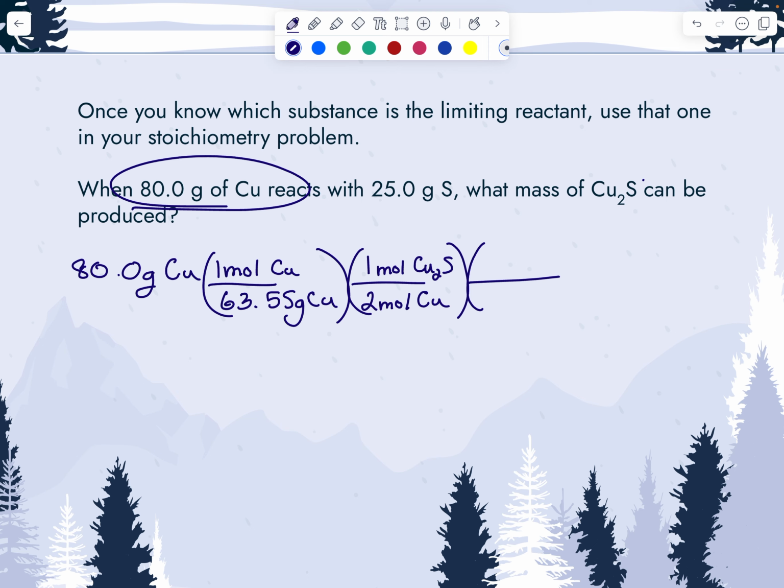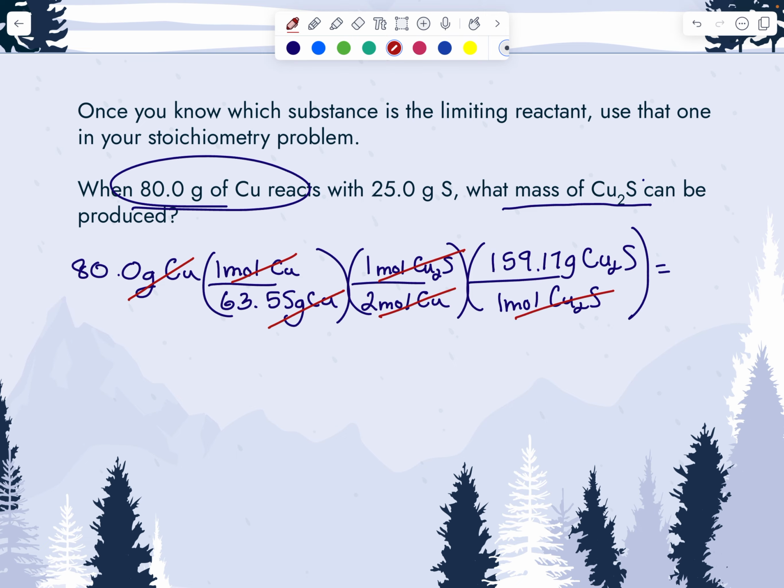And the question is asking what mass of copper 1 sulfide. The molar mass for that is 159.17 grams of Cu2S for every 1 mole of Cu2S. Right? And again, let's remember how to do these stoichiometry problems. I make sure that diagonal down matches. The only place I use the coefficients is in that middle mole over mole parenthesis.